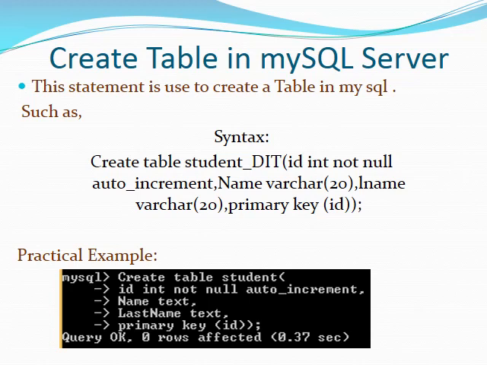And then you can also add other constraints such as auto_increment. This will let the system enter a random number or sequential number into the ID field.